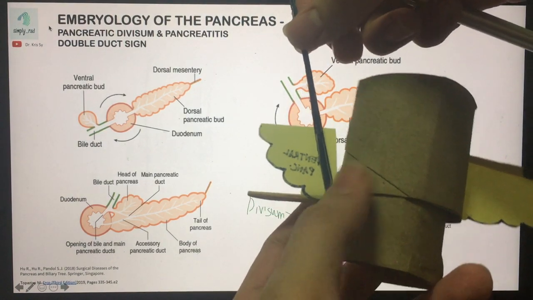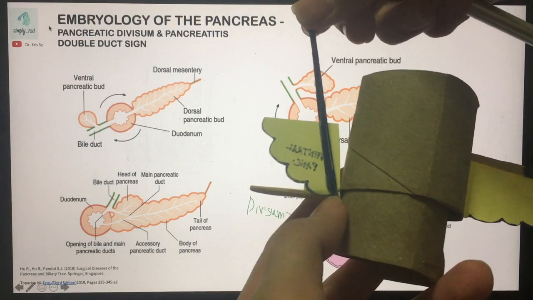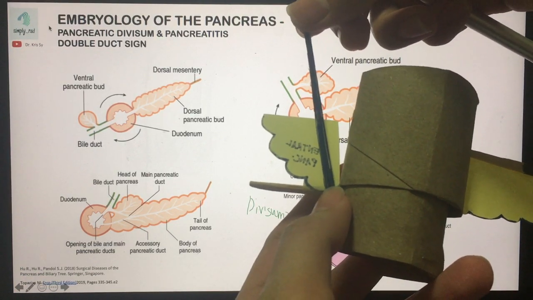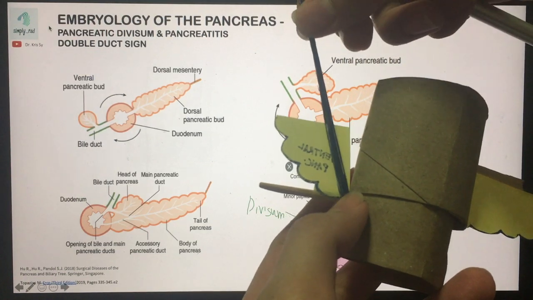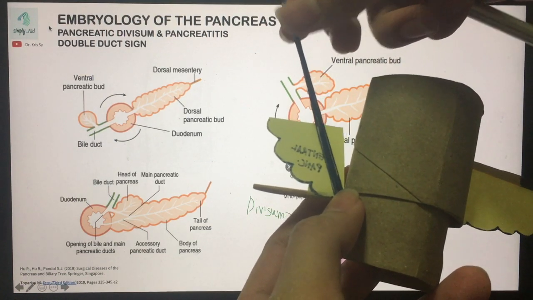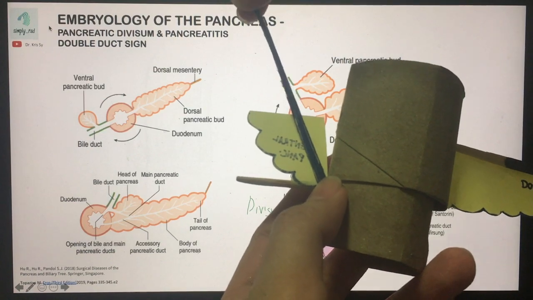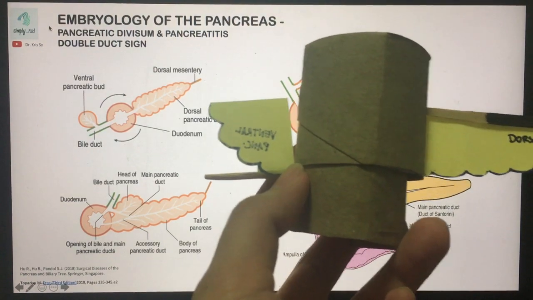So this common bile duct will join this ventral bud later on, before it empties into the major papilla. Okay, so let's remove this first.